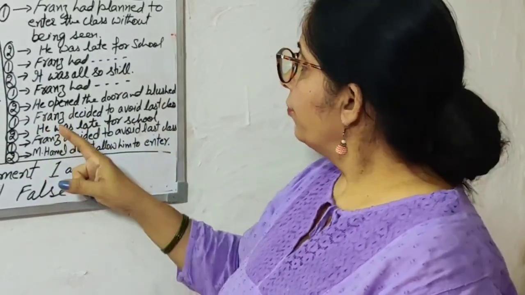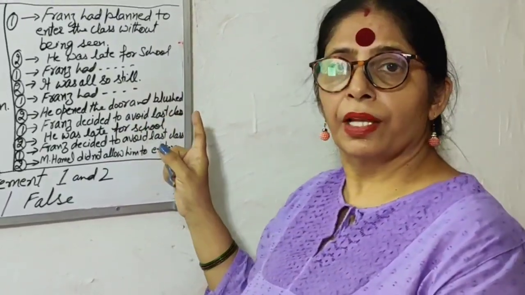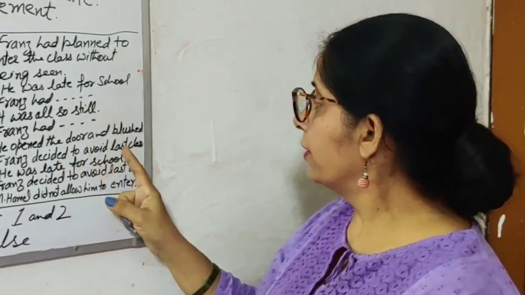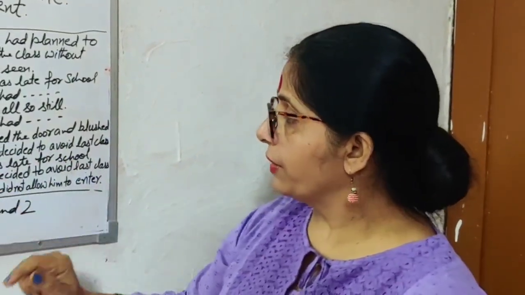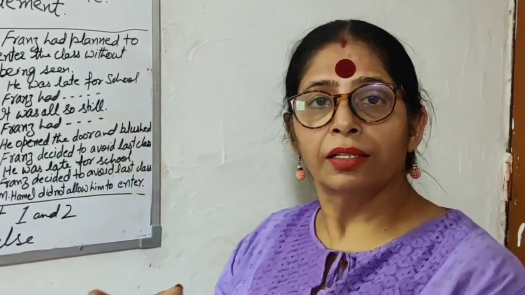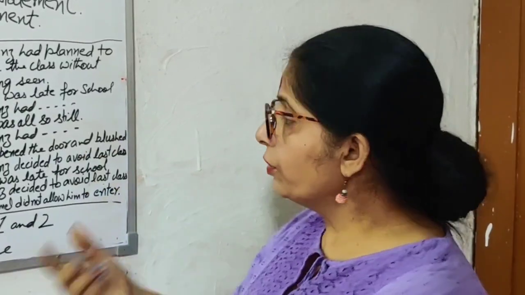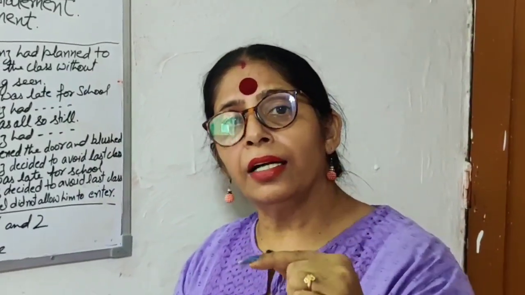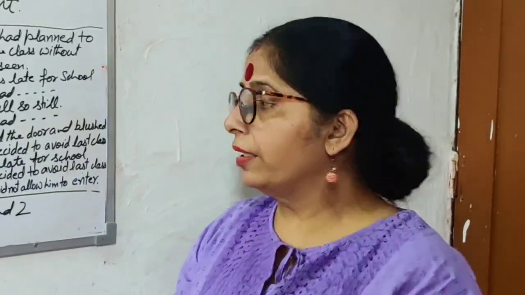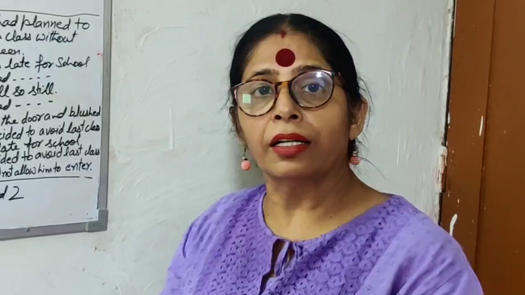Another example, France decided to avoid last class. Okay, this is statement 1. France decided to avoid last class. Second statement, he was late for school. Both are correct. Okay, decided to avoid the last class. Sorry, the first is wrong, because he then decided that he can control his will, and he decided to go to the school and attend the class.